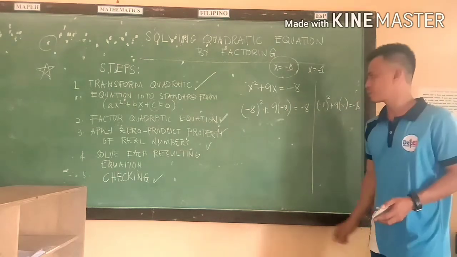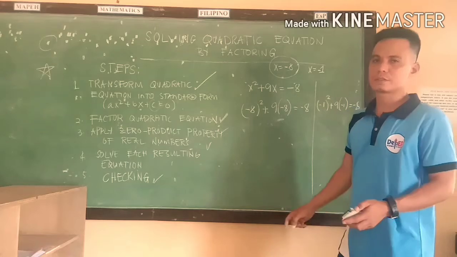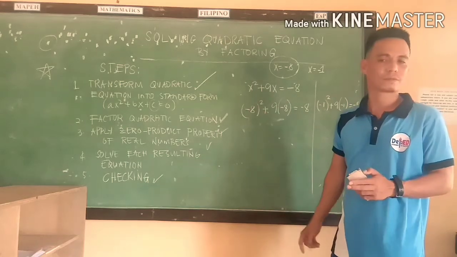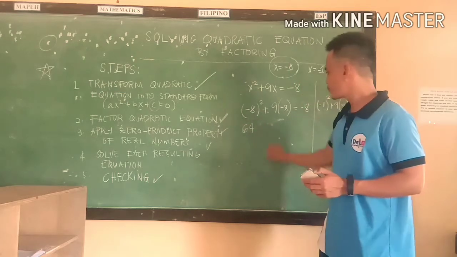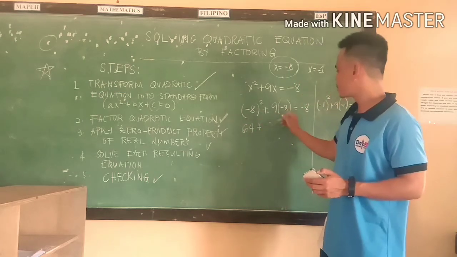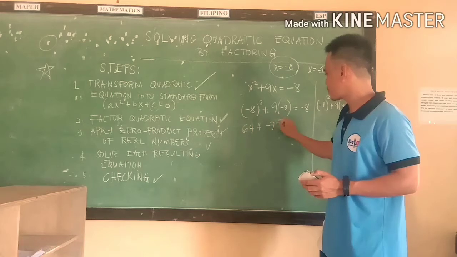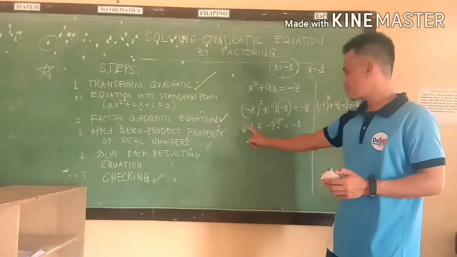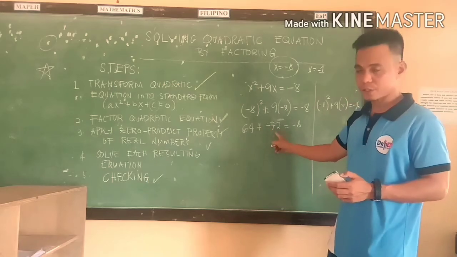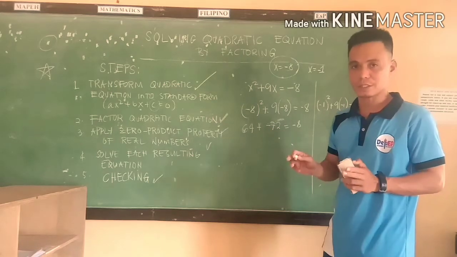Okay, dito na tayo. 8 squared, negative 8 squared, how much? Yes, it is 64. Plus, 9 multiplied by negative 8 is negative 72 equals negative 8. 64 added to negative 72 is how much?